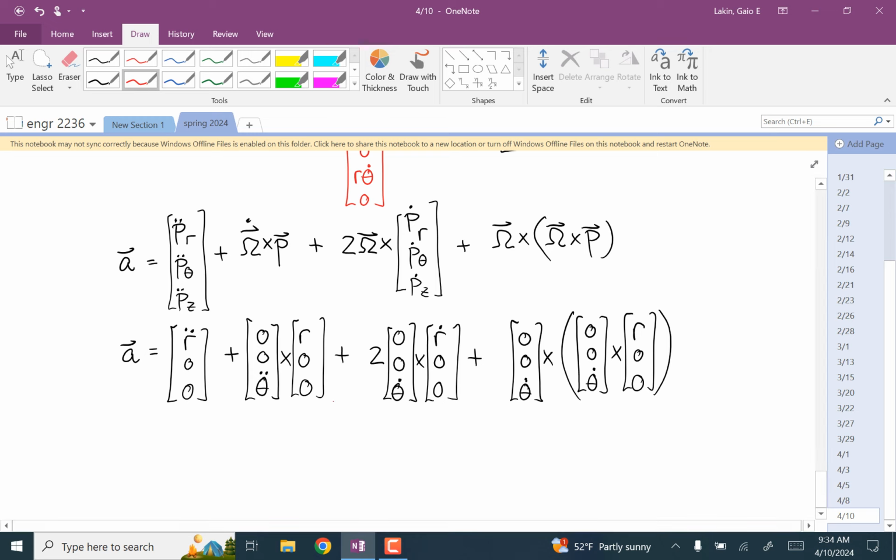Okay, so this comes out to be 0, r theta double dot, 0.